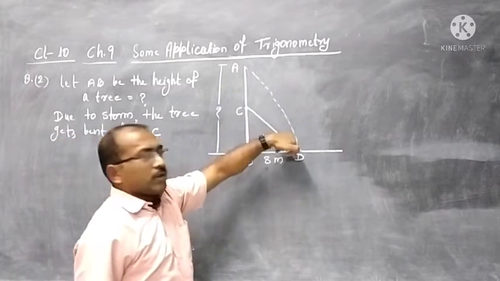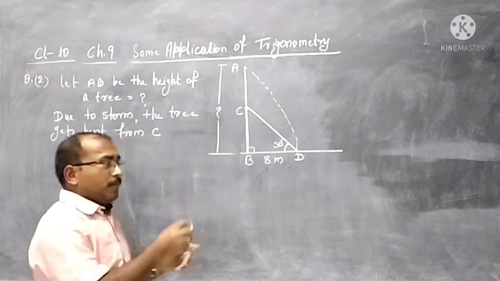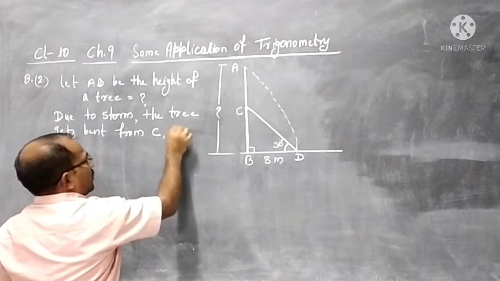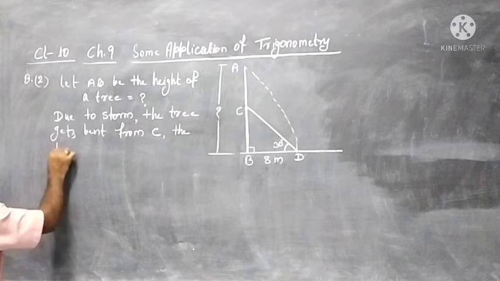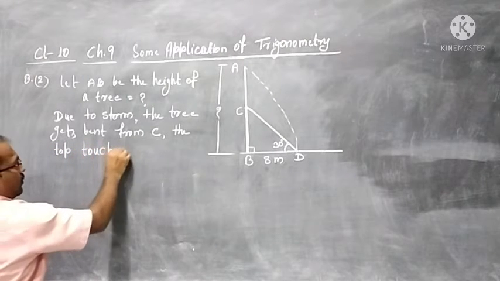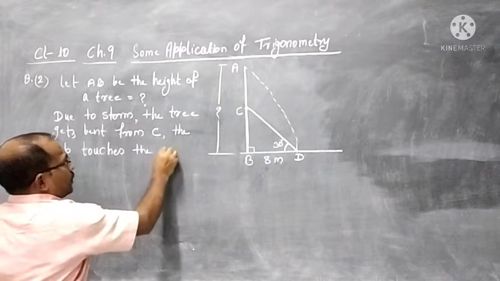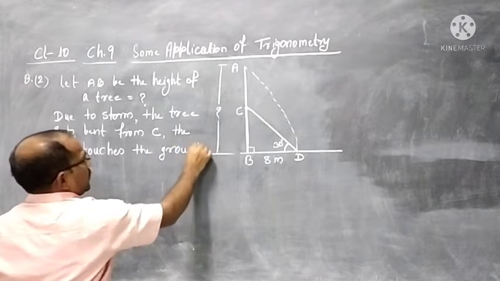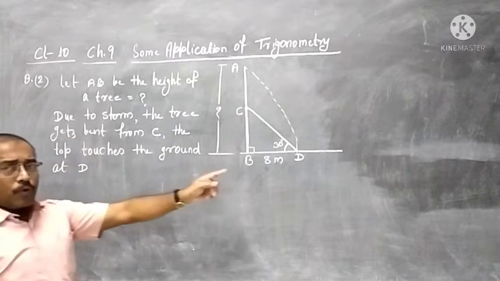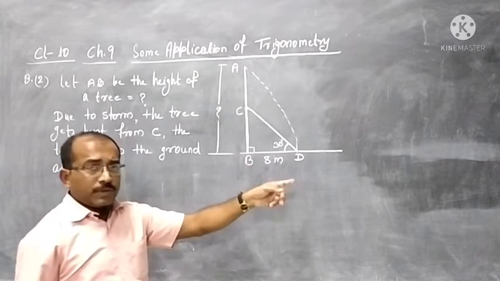After that, what has happened? The top has come on the ground. So, the top from C is getting bent, and the top touches the ground at the point we have mentioned in the diagram as D. So, that point D is how far from the foot of the tree?